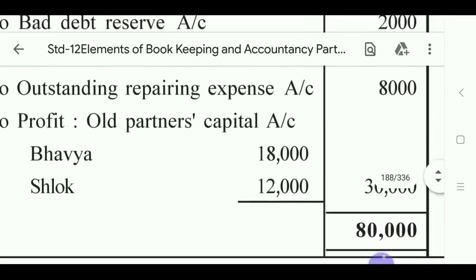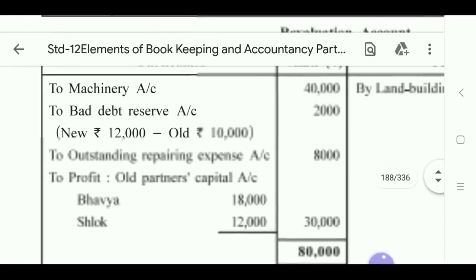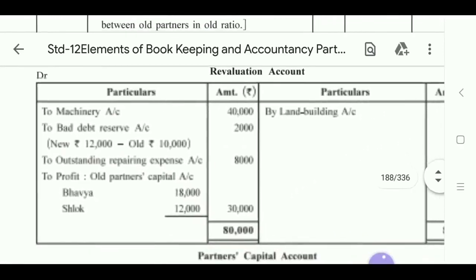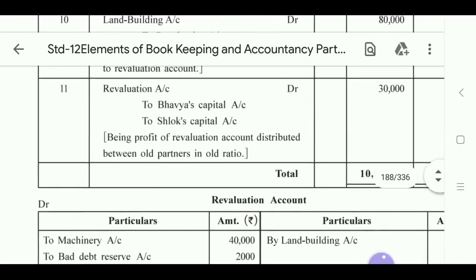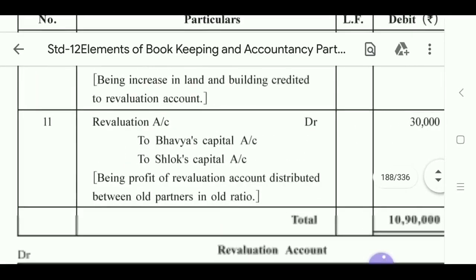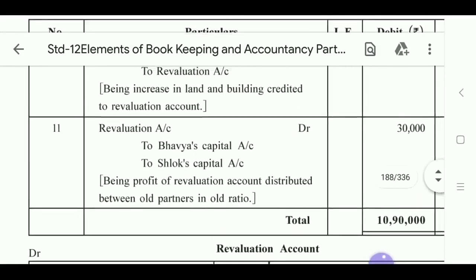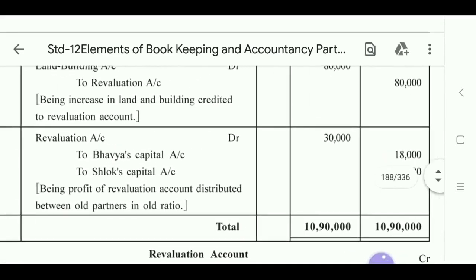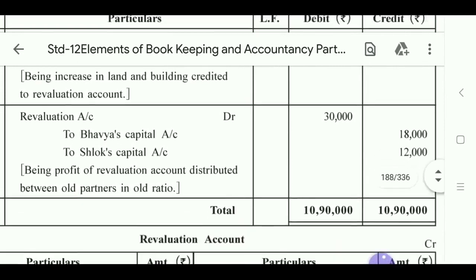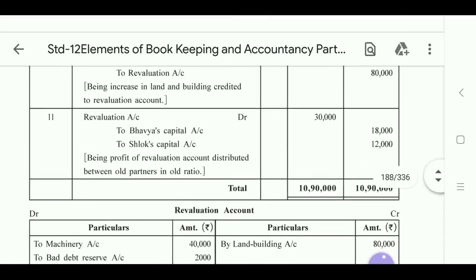Yeah, we have a journal entry regarding this. This is also given in the specimen entries while we have learned the concept of revaluation. Yes, here is the journal entry for profit on revaluation. Revaluation account debit 30,000 to Bhavya's capital account, to Shlok's capital account, 18,000 and 12,000 respectively.